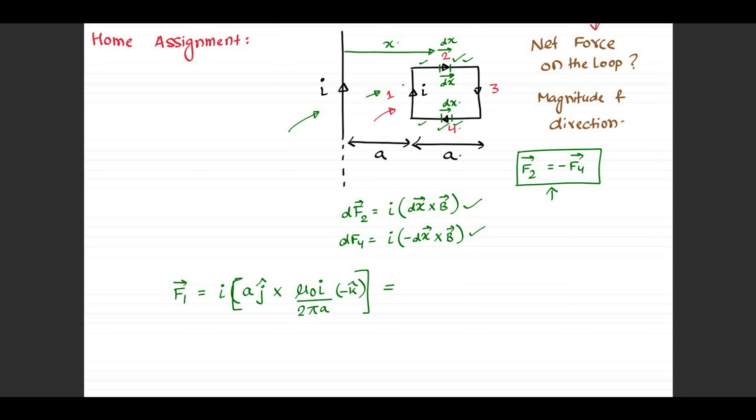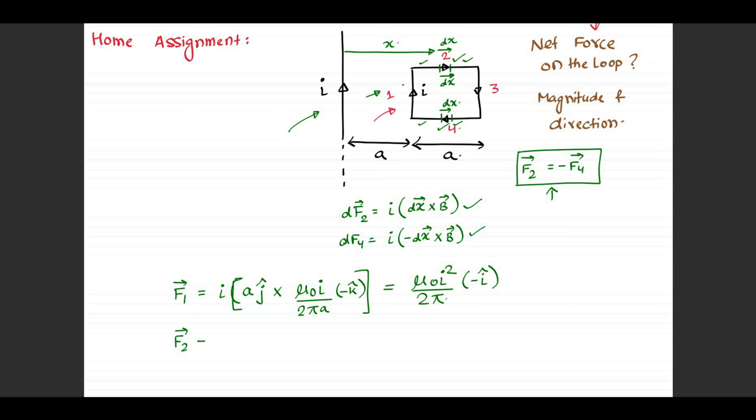So it is equal to, J cross minus K. So J cross minus K will become minus I. Okay.